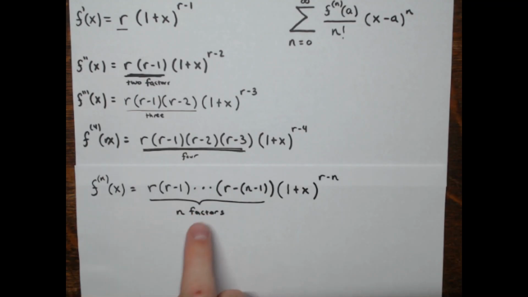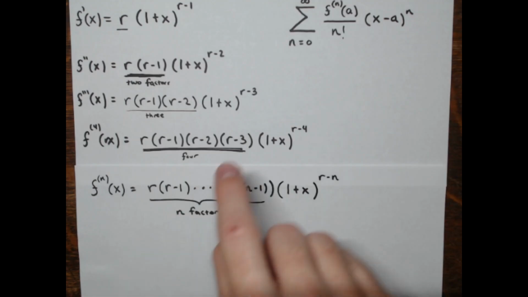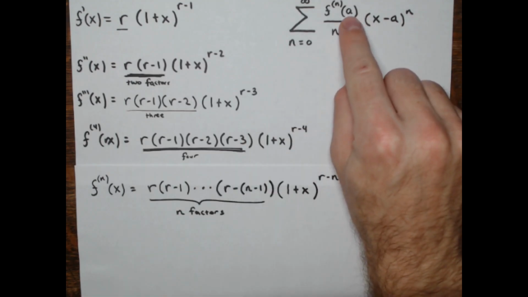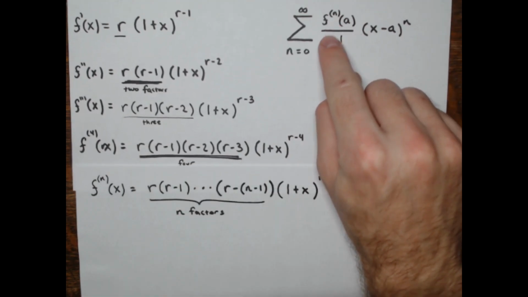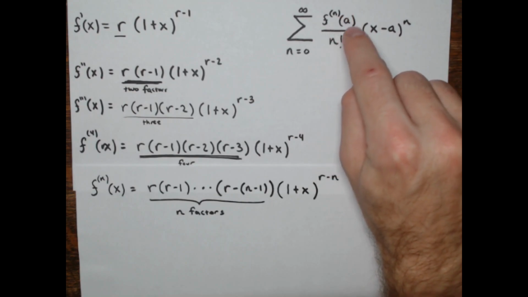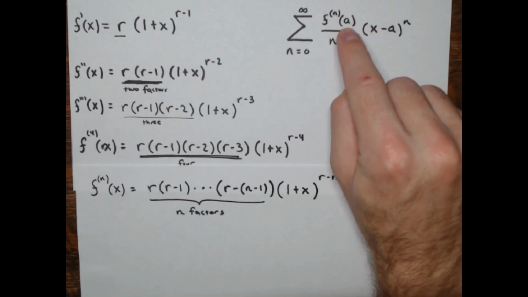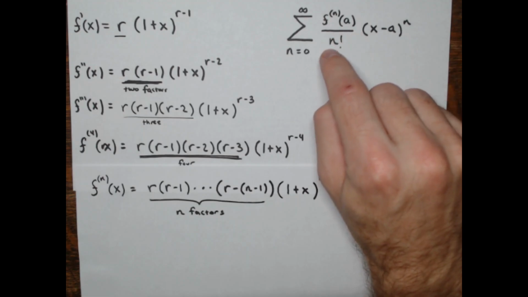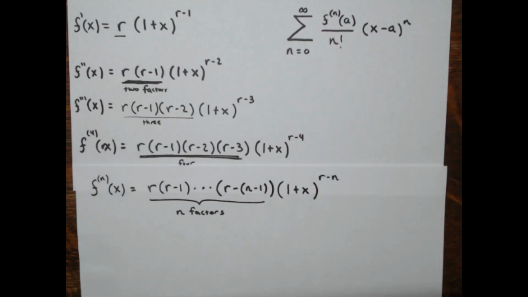And what I'm going to do now is plug in a. We're trying to find the coefficients of this Taylor polynomial centered at a. I plug in a, and then divide by n factorial. I'll call these the Taylor coefficients. So our Taylor coefficients will look like the following.